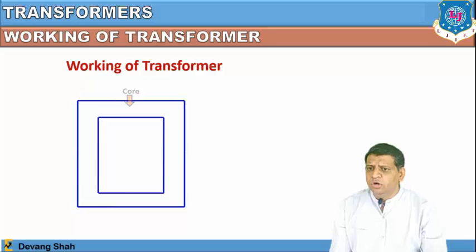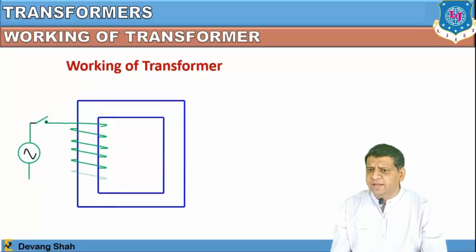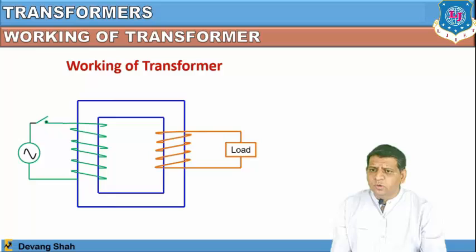At one end you wind a specific coil, and that coil we define as the primary winding, which is connected with the source, and that source is an AC sinusoidal source with a switch in between, right? Now on the other arm of this rectangular core, you have connected a secondary winding. So always remember, the primary winding is connected with the source and the secondary winding is connected with the load, right?